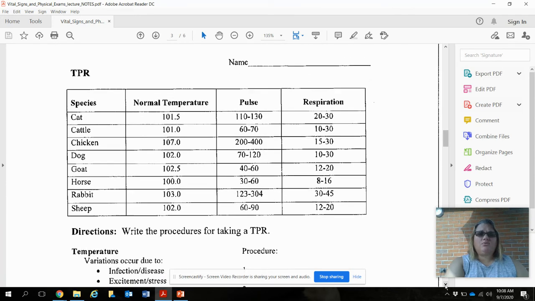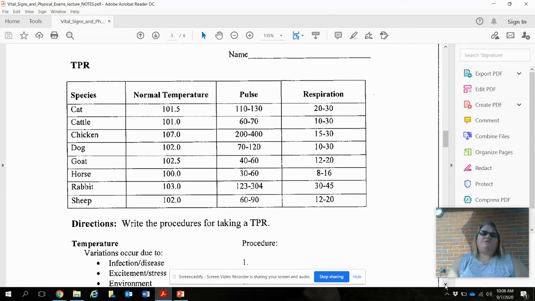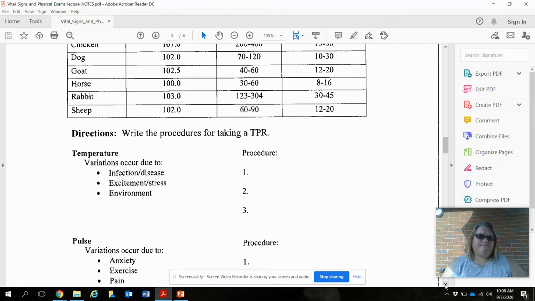Here we have a chart with some normal temperatures, pulses, and respirations for the different animals. You'll notice that the bigger the animal is, the slower the heart rate, the slower the respiration rate. The smaller the animal is, the faster the heart rate, the faster the respiration rate.